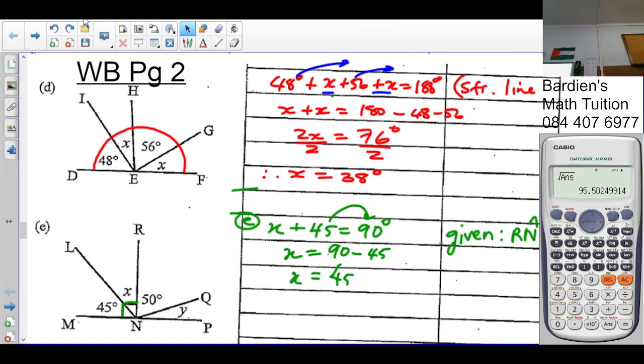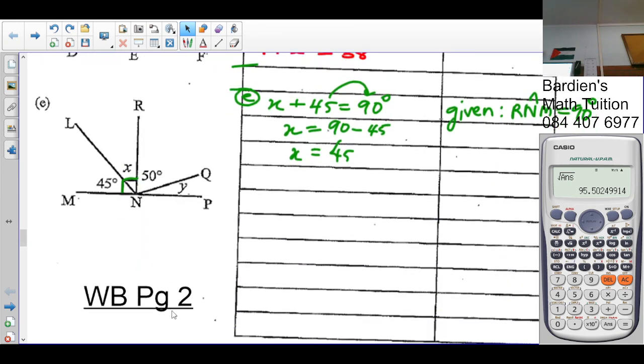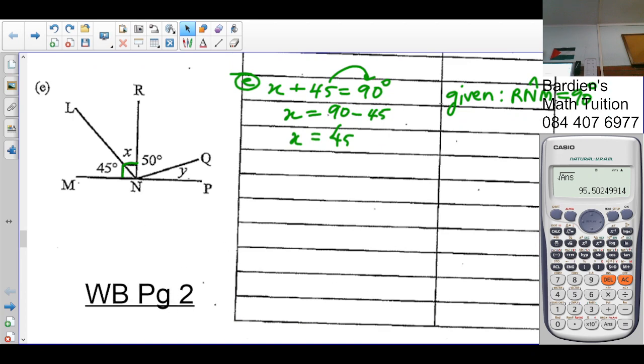Have I answered the question in totality? No. What do you notice now? We still have to calculate y. So 50 plus y plus 45 plus 45 adds up to, remember this is not 45 degrees, all of the angles add up to 180.